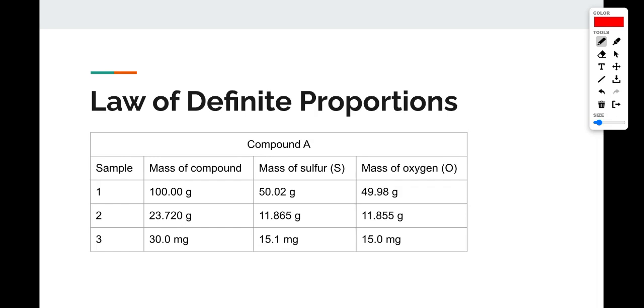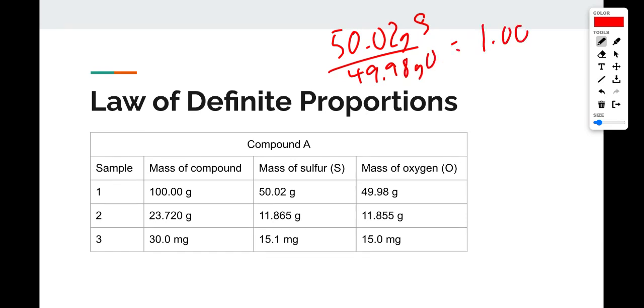That means the rest would be sulfur, and then you could find a ratio of sulfur to oxygen mass. So let's say you took your 50.02 grams of sulfur and you divided that by your 49.98 grams of oxygen, you would come up with 1.001 grams of sulfur for every gram of oxygen. So that's the definite proportion.